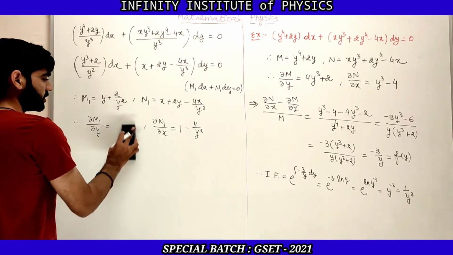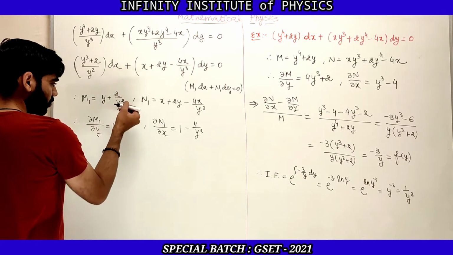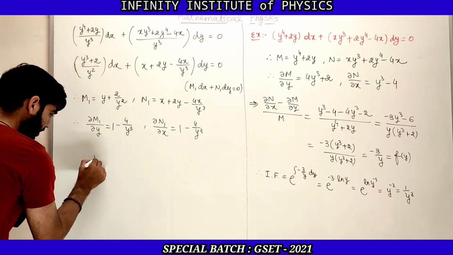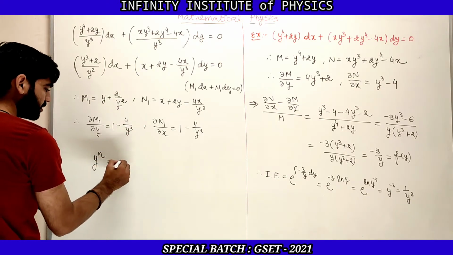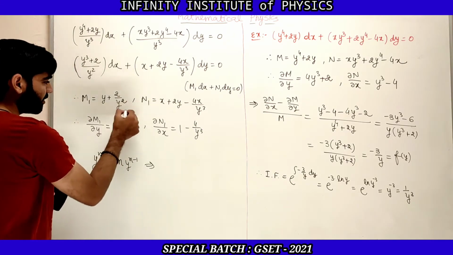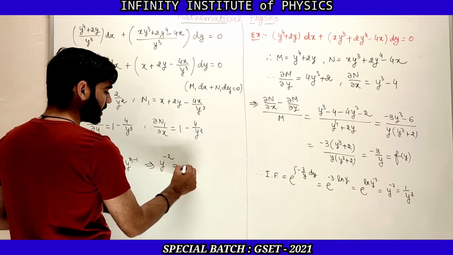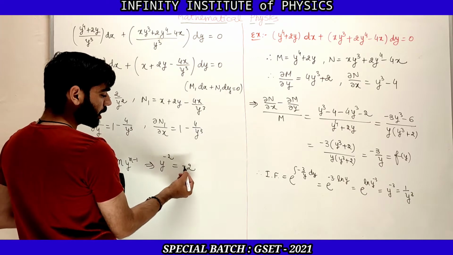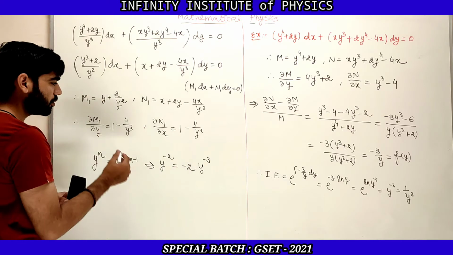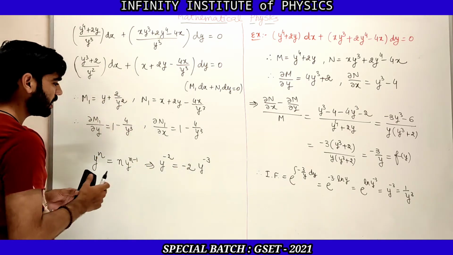So differentiation of 2 by y square will be minus 4 by y cube, because if we have y raised to n, then differentiation will be n into y raised to n minus 1. Here we have 1 by y raised to 2, which can be written as y raised to minus 2, so the differentiation will be minus 2 y raised to minus 3, and we can take that into the denominator, but here there is already 2, so 2 into minus 2 is minus 4 by y cube.